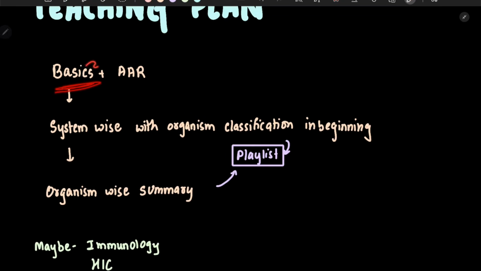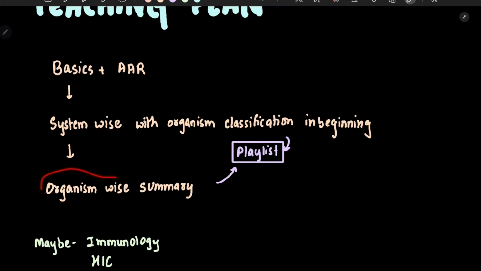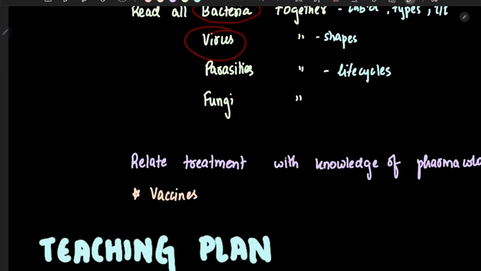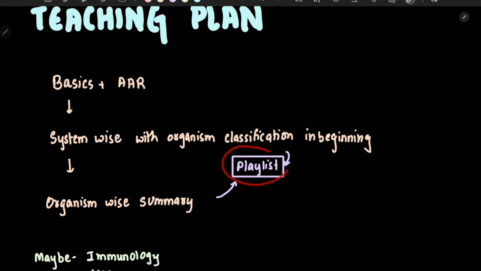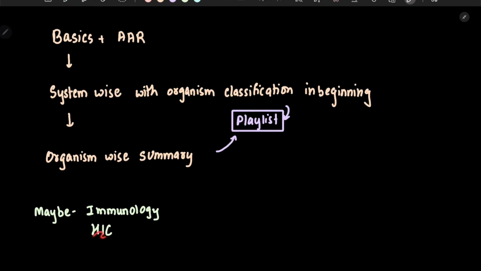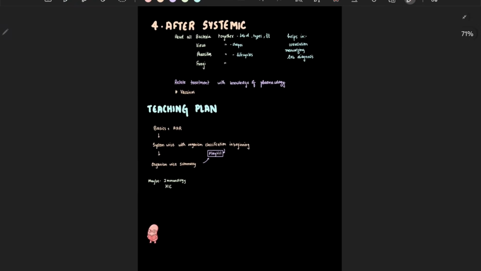First I'm going to do the basics with the antibody antigen reactions, then system wise with organism classification in the beginning, like I showed you guys, and at the end I'm planning to do an organism wise summary, like a video on all bacteria, a video on all viruses, and I'm going to be making a playlist of all systems, and then all bacteria, all viruses, and so on. And maybe I may make videos on immunology and HIV. So if you want to watch these, you definitely can.